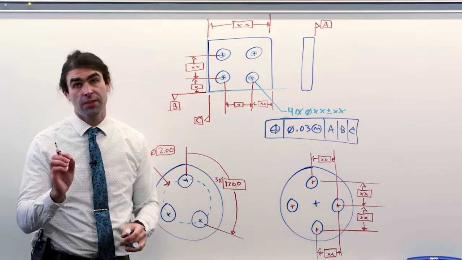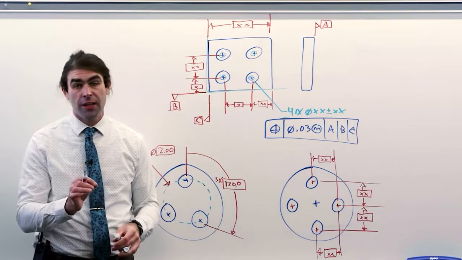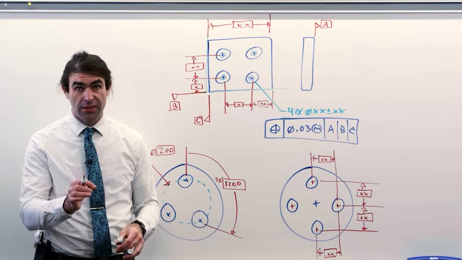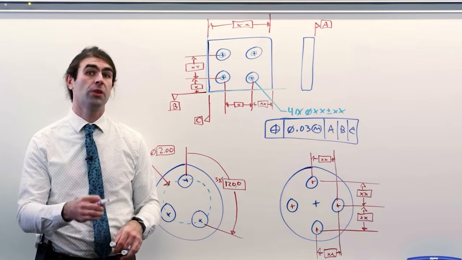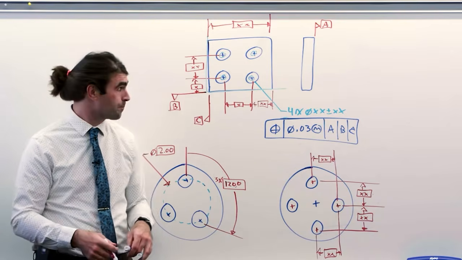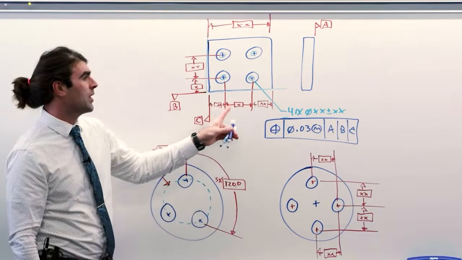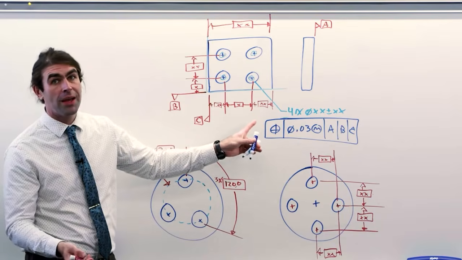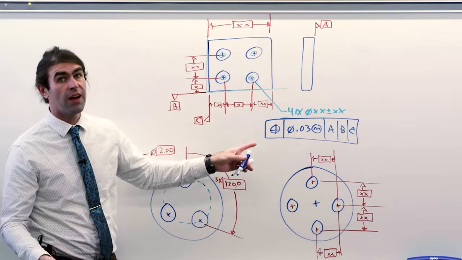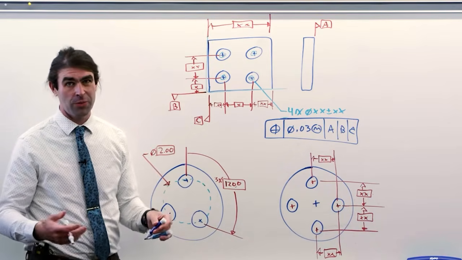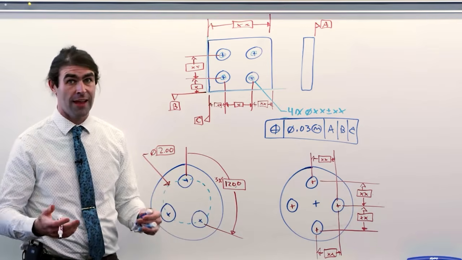It means the same thing, because the basic dimension is the theoretically exact location of the tolerance zone to the datum reference frame. So if you have 3 basic dimensions, right, with plus or minus dimensions, this would be over-defined. I wouldn't really recommend doing it with basic dimensions because people are going to not like it.